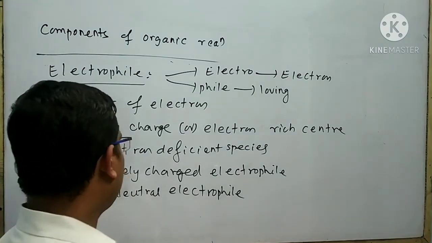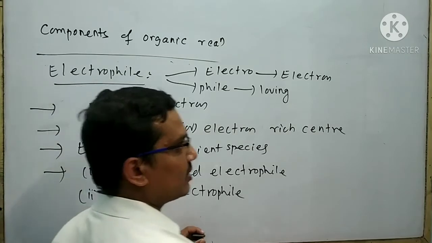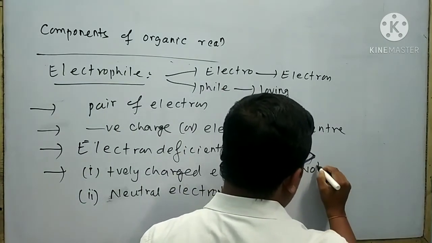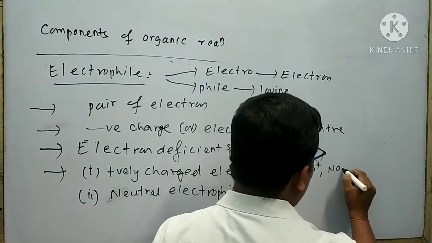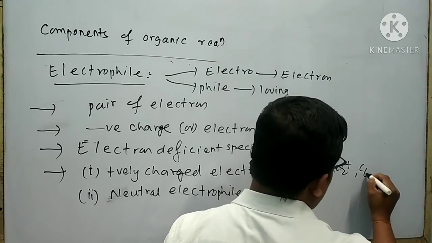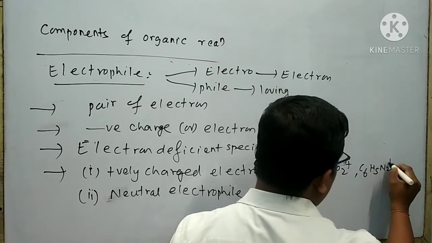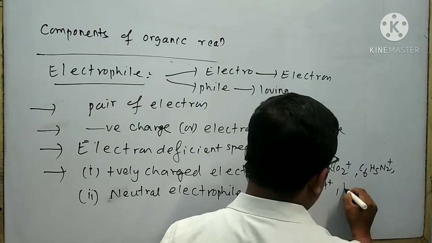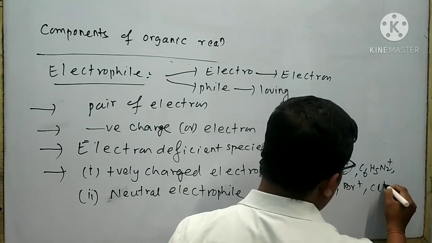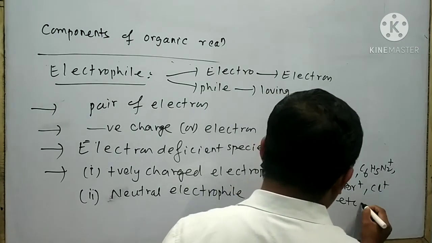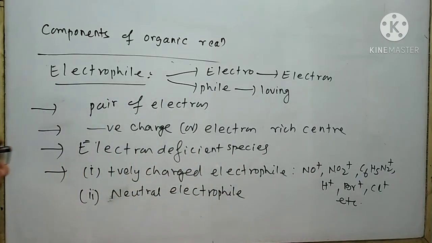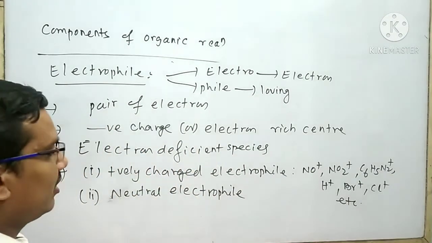The examples of positively charged electrophiles are NO+, NO2+, C6H5N2+, H+, Br+, Cl+, etc.